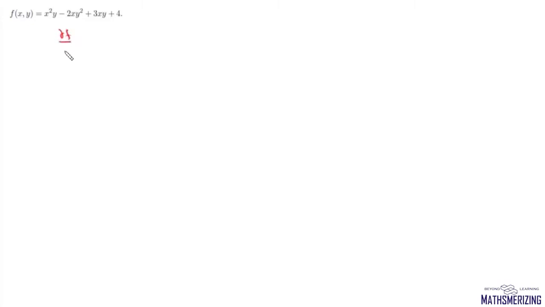So del f upon del x, which we also write as fx, will be 2xy minus 2y square plus 3y equals 0. So we'll take y common and we'll get y times (2x minus 2y plus 3) equals 0.